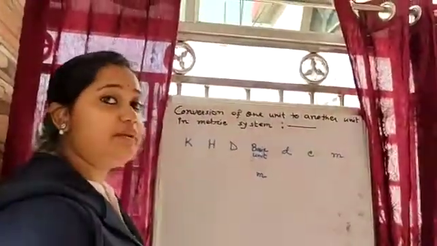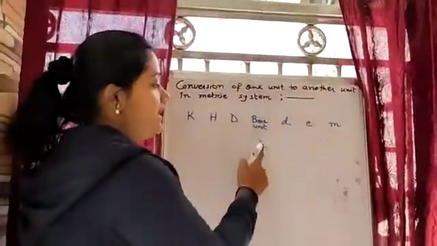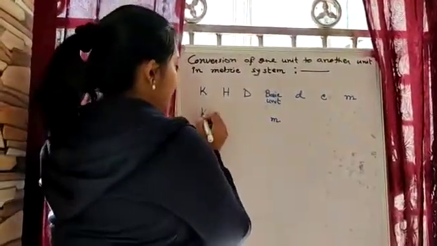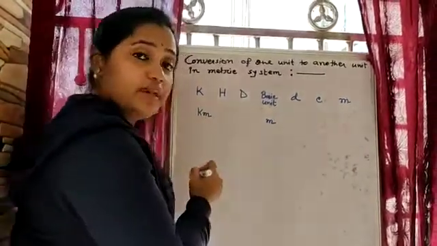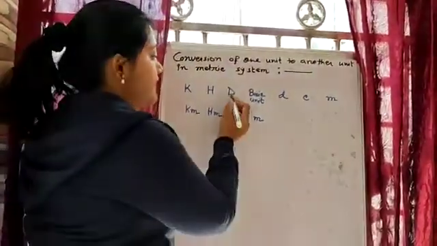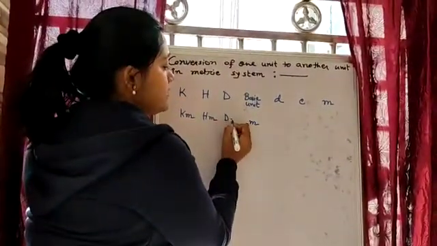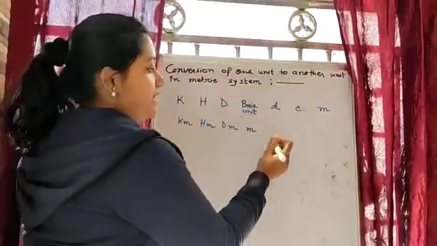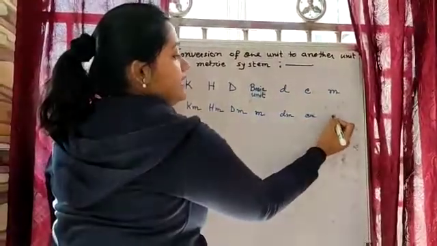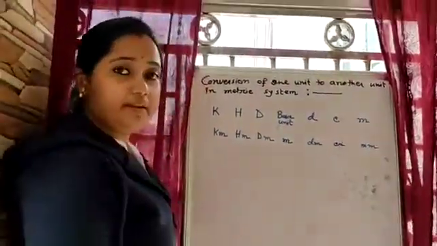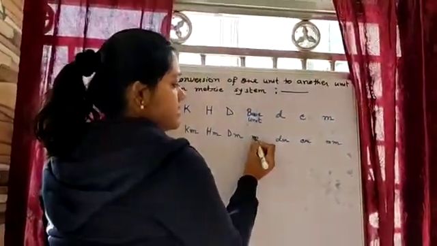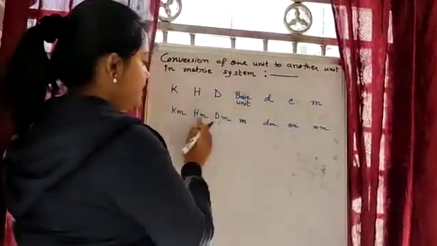So kilo we will write as kilometer, hecto as hectometer, deca as decameter, then meter, then decimeter, then centimeter, then millimeter.